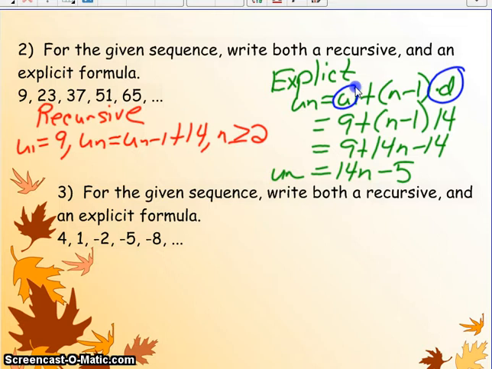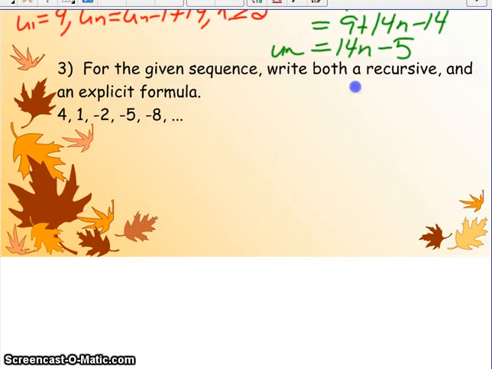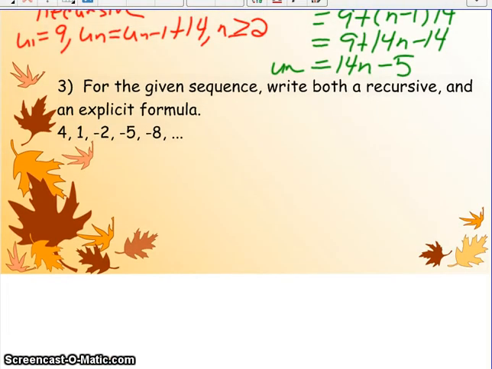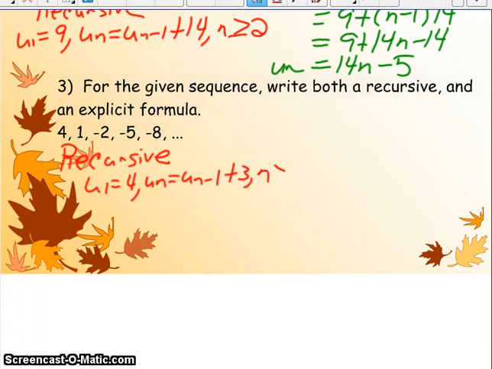Again, next problem. Recursive and explicit. It looks like in the next problem we are adding 3. So the common difference is 3. So I have recursive. U sub 1 is 4. U sub n is equal to the previous term plus 3 for all n greater than or equal to 2.